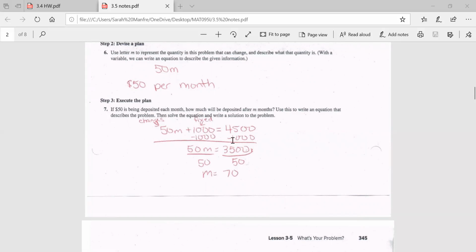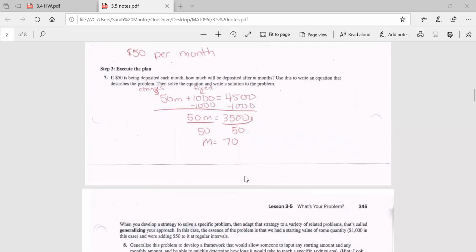First, I subtracted $1,000 from both sides, and then 3,500 is my result, and I divided that by 50, because to undo multiplication we divide, and that gives us 70. And you can notice that we get the exact same answer, but this is the algebraic approach to solving the problem. So if a problem asks you to write out an equation, you have to write out an equation. The other way is a perfectly great way of doing it, but it just is not the algebraic approach.